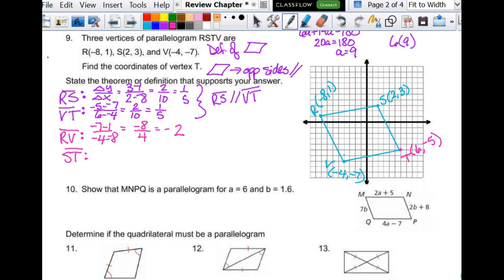So then ST is going to be negative 5 minus 3 over 6 minus 2. So that's negative 8 over 4 again, which gives me negative 2. So this shows that RV is parallel to ST.